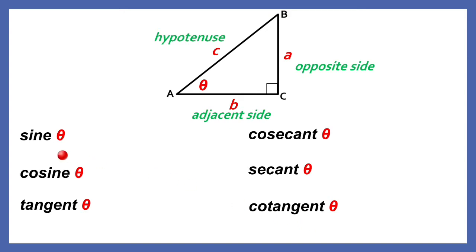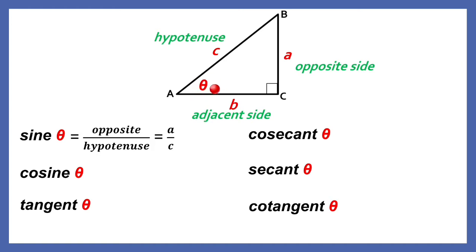For sine theta, ang ginagamit natin is opposite over hypotenuse. Tignan natin sa triangle natin kung ano ang opposite side at saka yung hypotenuse. With respect to theta, ang opposite side niya is a and then ang hypotenuse is c. Therefore, we have opposite over hypotenuse is equal to a over c.